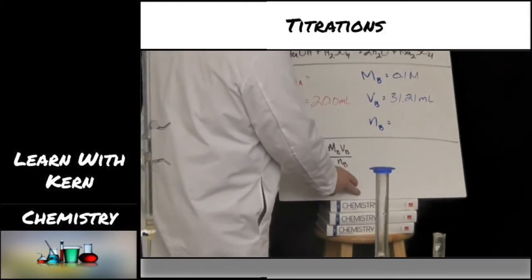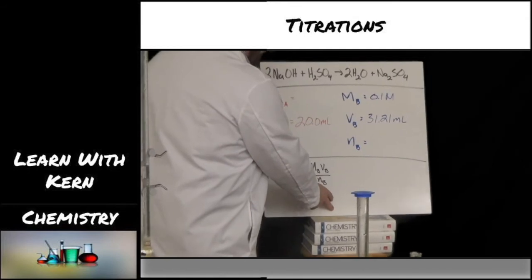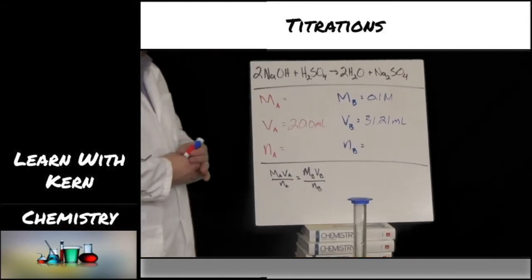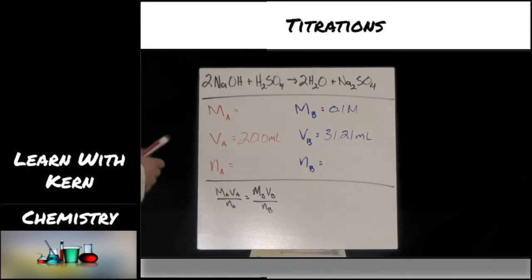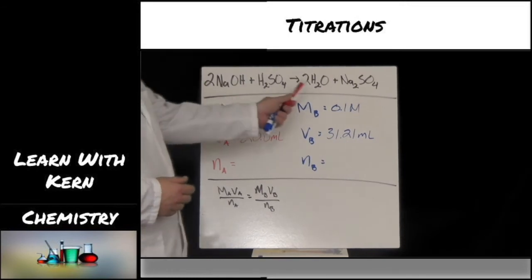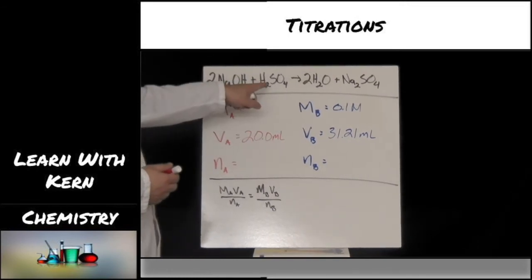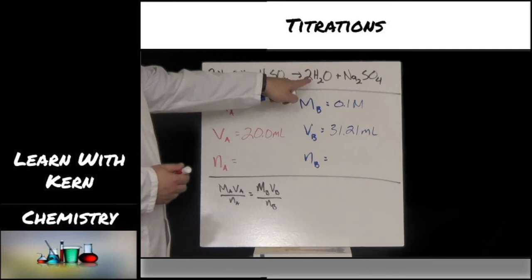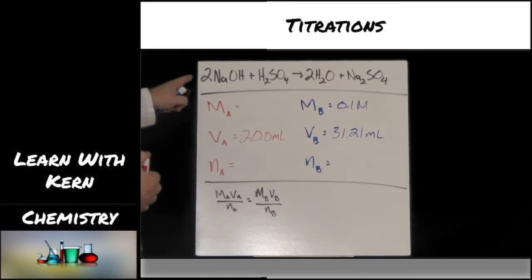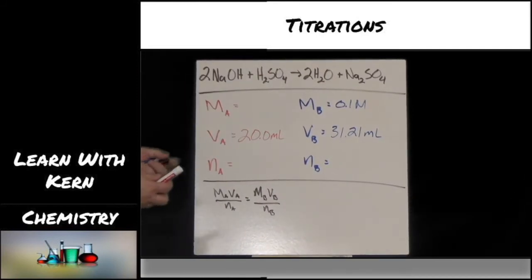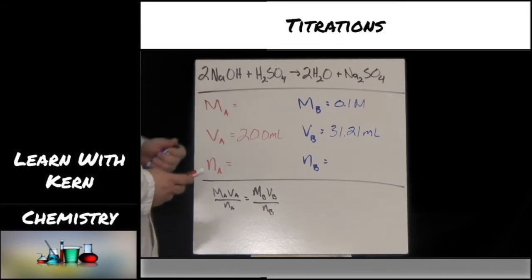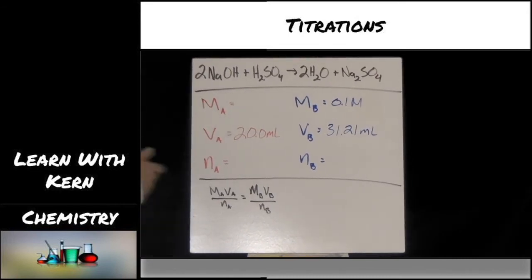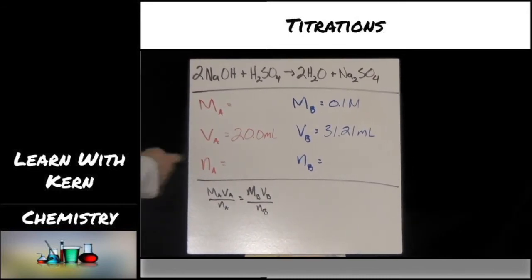Let's look over here at our board to see what other information we need. Alright, so we have our balanced chemical equation. We have sodium hydroxide plus sulfuric acid makes water and sodium sulfate, and we've balanced it. Now the n's here come from our balanced chemical equation. So the number of moles of A is our acid.